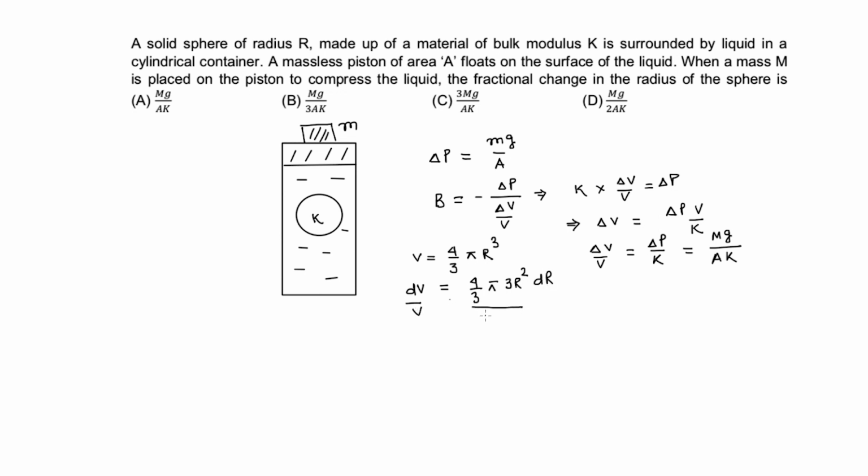It is divided by 4/3 pi r cube. You can see that dV by V is nothing but 3 into dr by r. So from this equation I can say that dr by r is equal to 1/3 of dV by V, which is nothing but mg by AK. So the option B will be your correct choice.